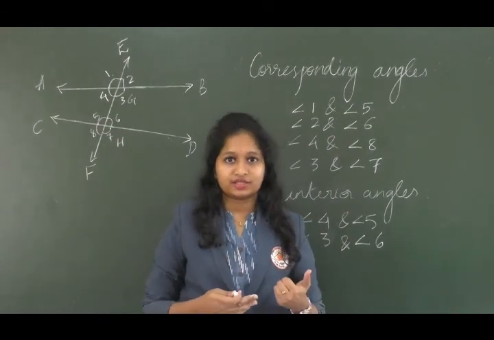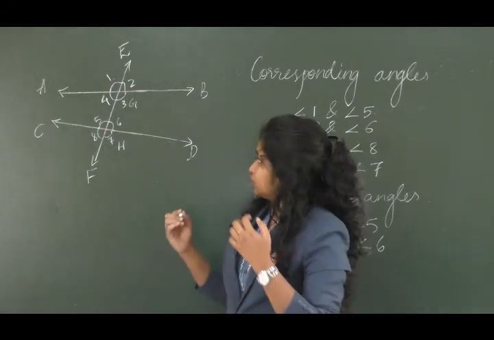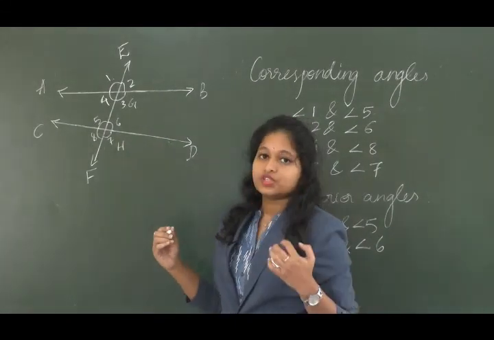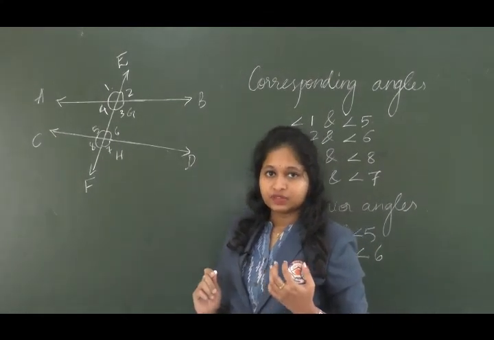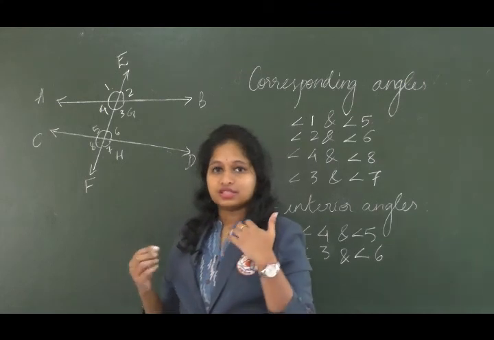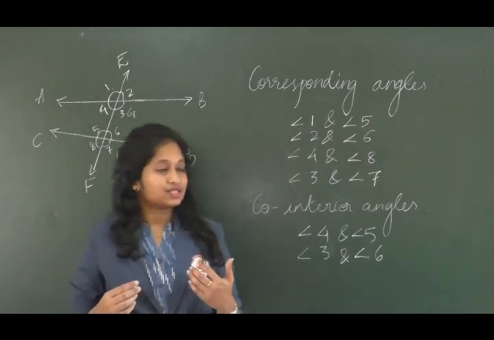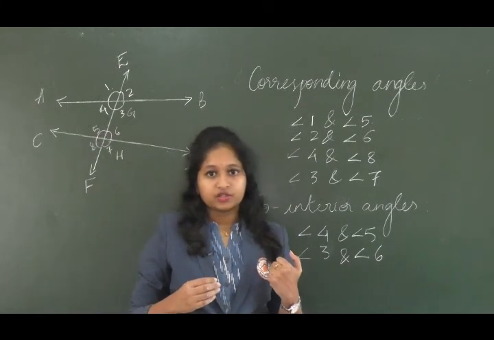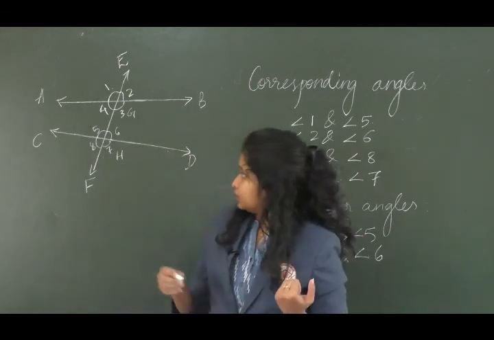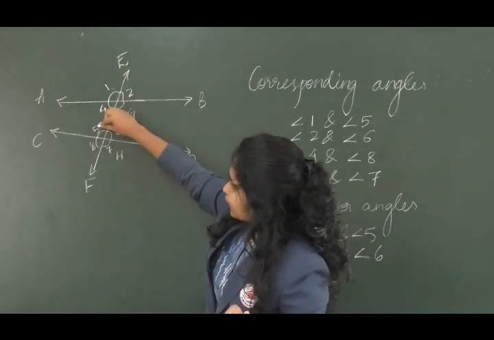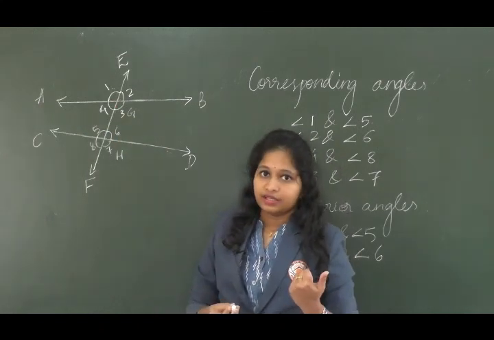The next type of angle is corresponding angles. What are corresponding angles? That is a pair of angles which lie on the same side of the transversal, in which one is interior and another is exterior. So those types of angles are called corresponding angles. So here angle 1 and angle 5. 5 is interior, 1 is exterior.